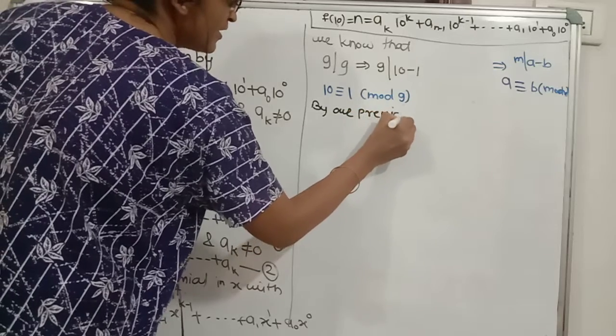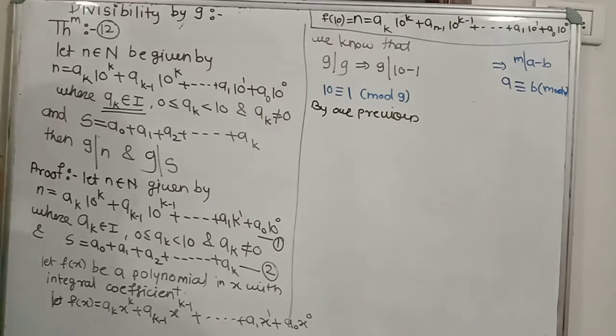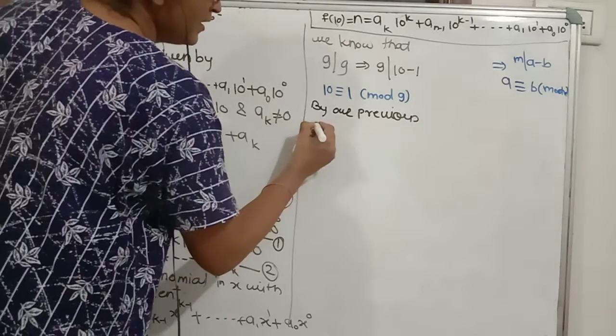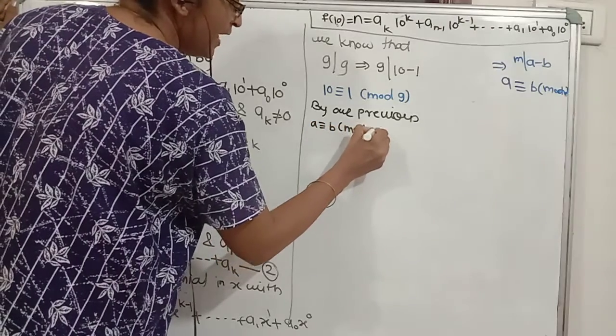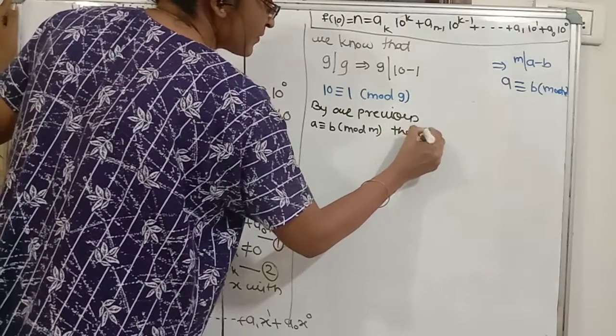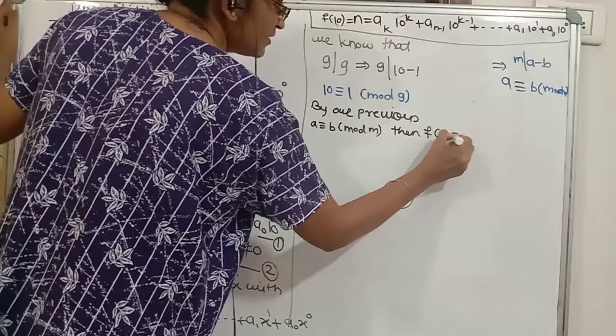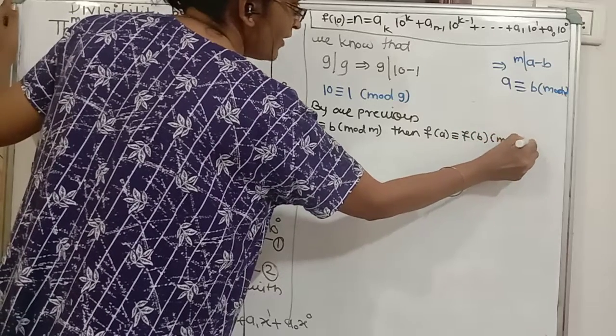or well-known theorem, all of you know that if a is congruent to b with mod m, then f of a is congruent to f of b, where f has integral coefficients, with mod m.